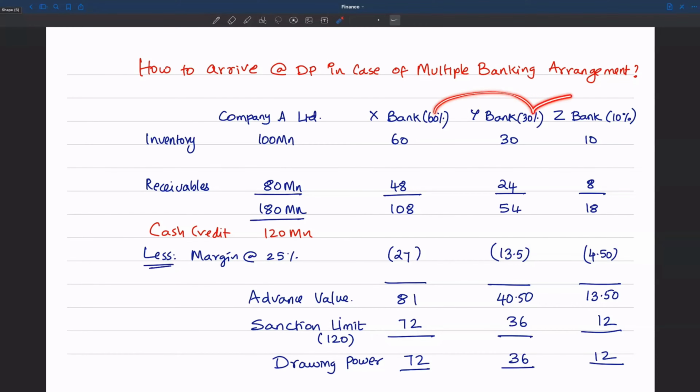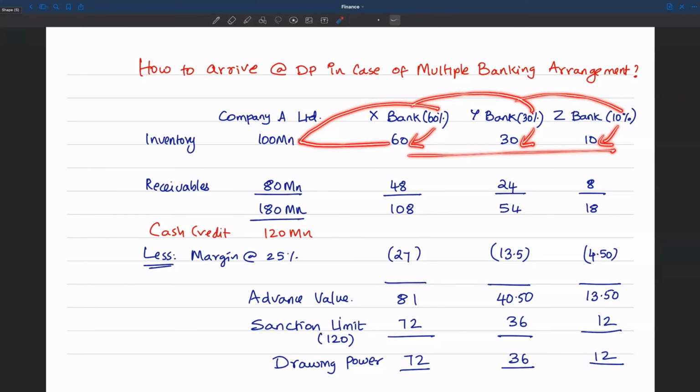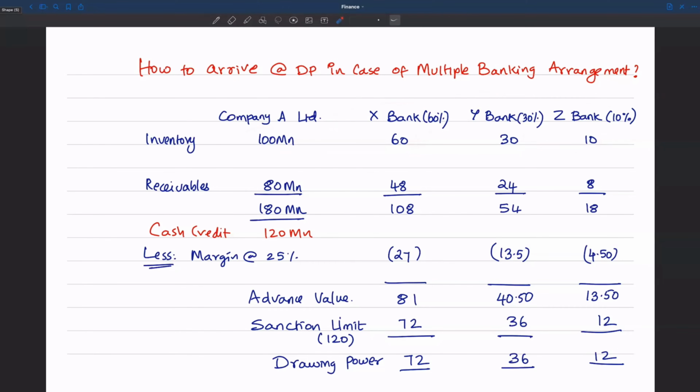So taking the 60%, 30% and 10% as the base, we have to distribute these inventory and receivables among these three banks. So they are having 100 million inventory, 80 million receivable. Of this 100 million, 60% will go to Bank X, and 30% will go to Bank Y, and 10% will go to Bank Z, and these numbers are basically calculated on this 100 million. 100 into 60%, 30%, 10%.